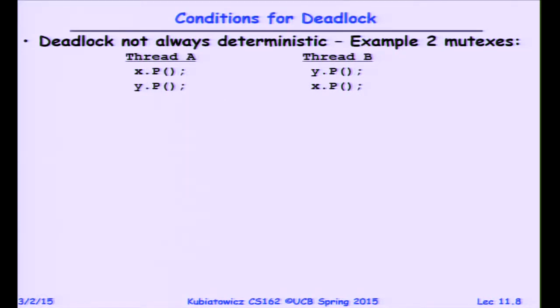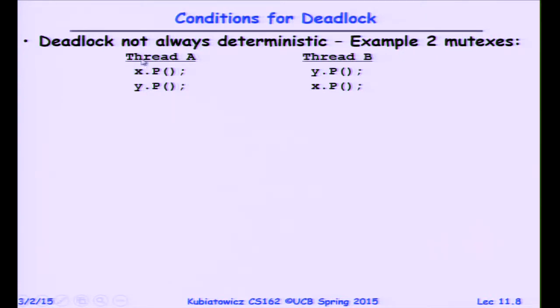are easy to come up with, but deadlock is sometimes hard to actually recognize because it's not always deterministic. For instance, consider these two uses of the mutexes X and Y, and we're using semaphores initialized to 1 for this.